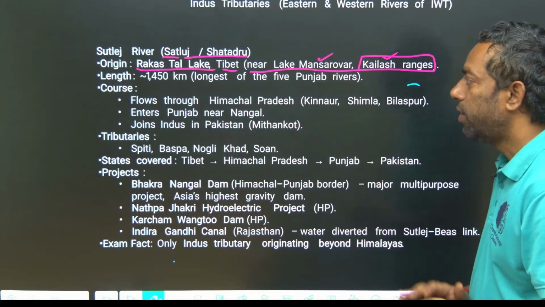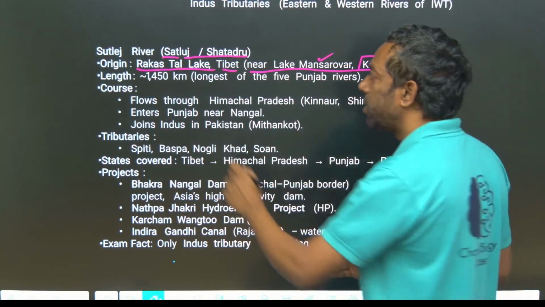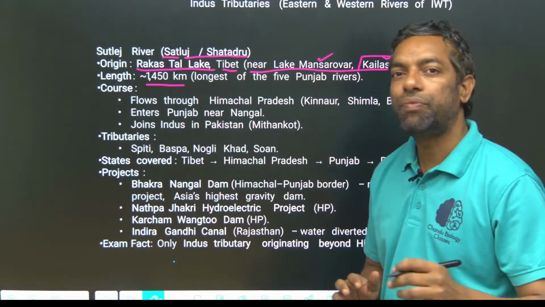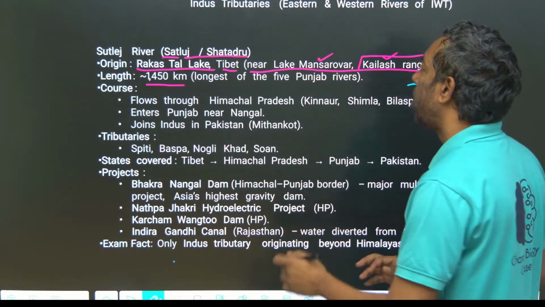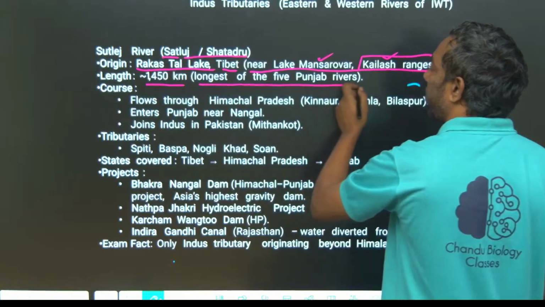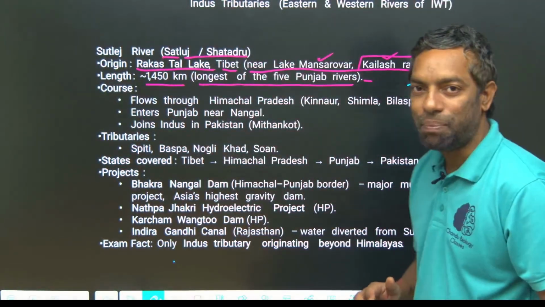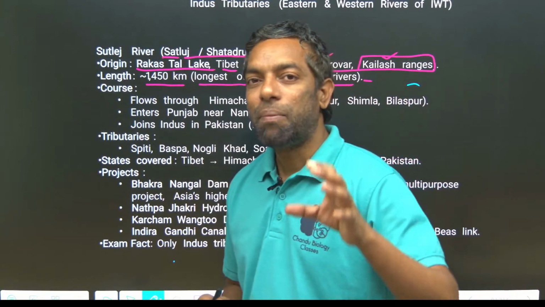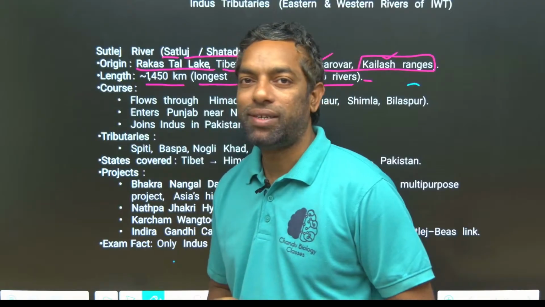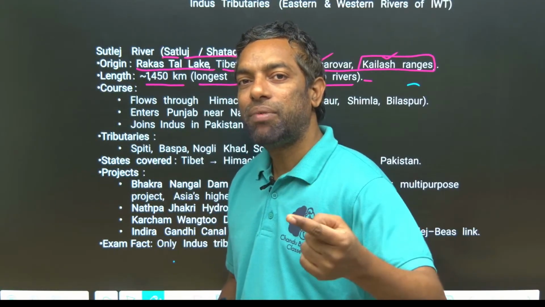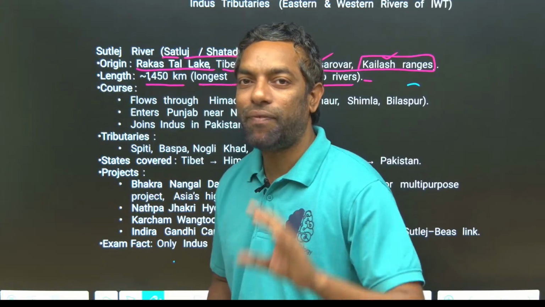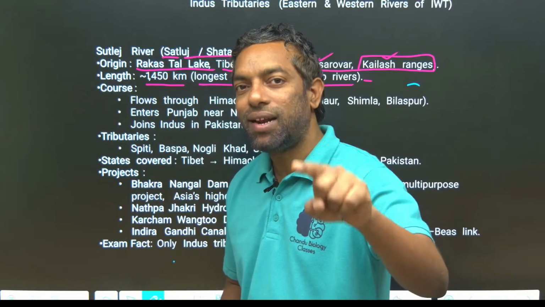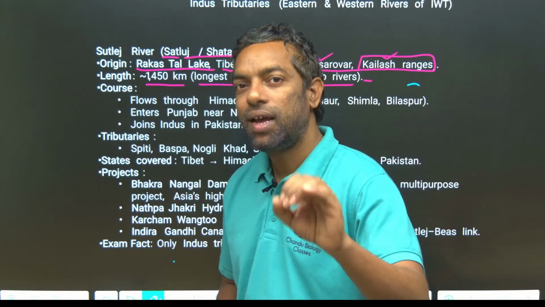The length of the Satluj river is 1450 kilometers. It is the longest river of Panch Ab. Panch means five, Ab means waters, so five rivers that flow through India's Punjab and Pakistan's Punjab. Among the five rivers, Satluj is the longest river.